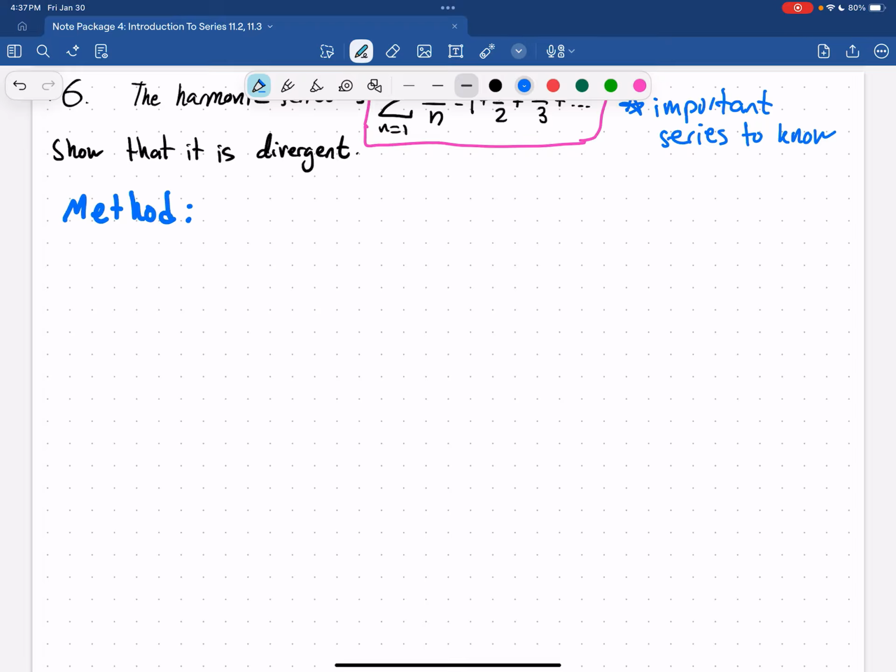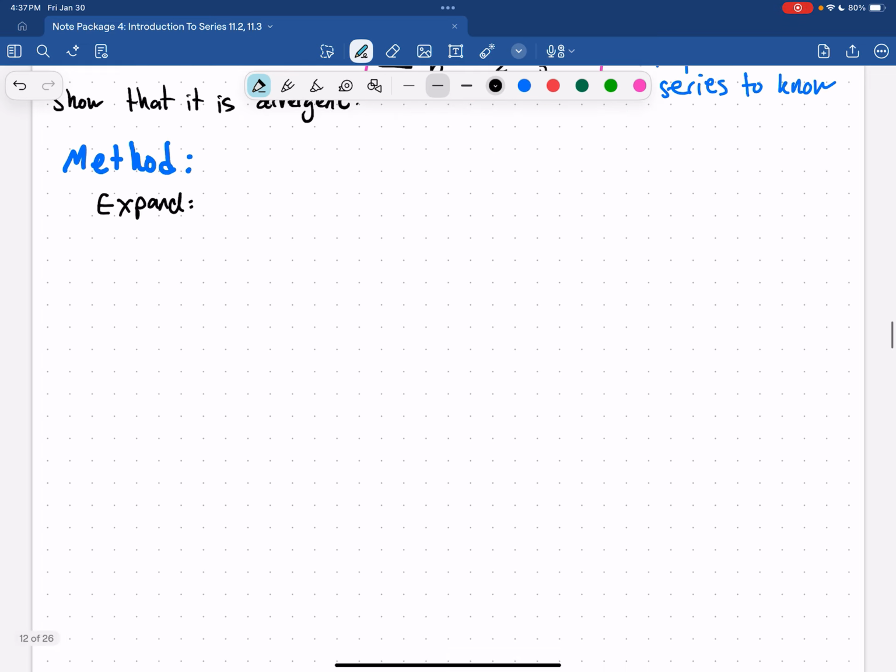Let's write out what that expansion is. And I'm going to group together our terms in that infinite sum in a specific way.